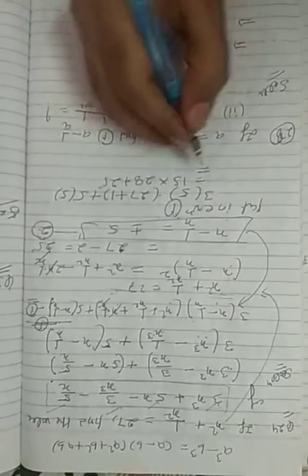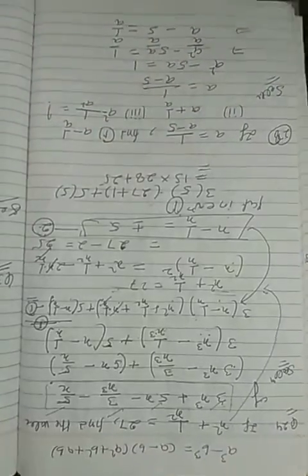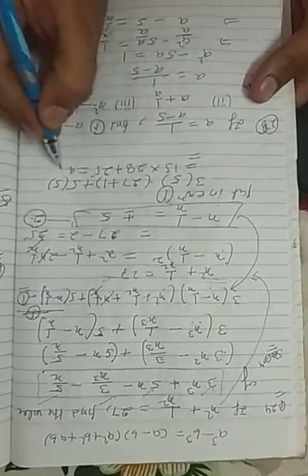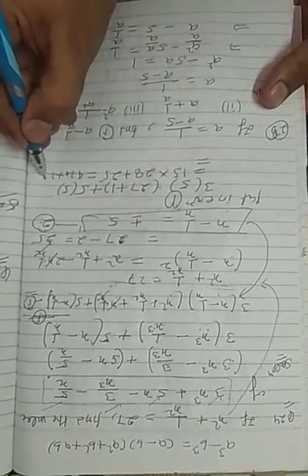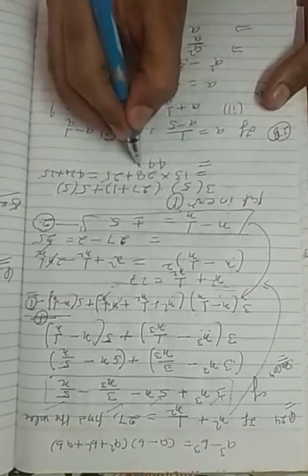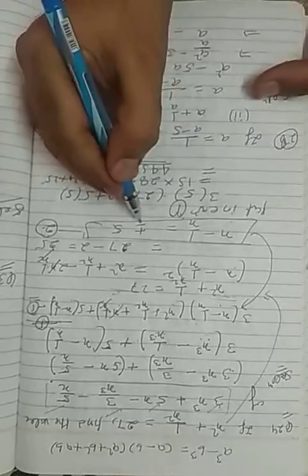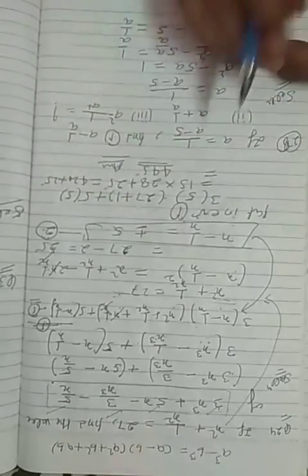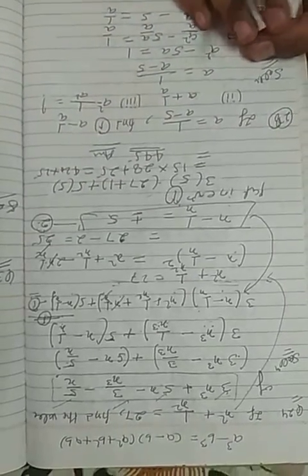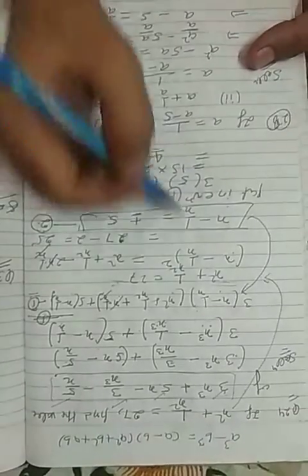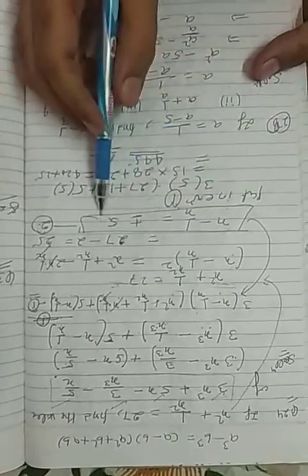After multiplication, here 420 plus 25, you get 445. In the answer sheet one more answer is given with minus sign. If you take x minus 1 upon x with minus sign, you do it yourself with minus sign.